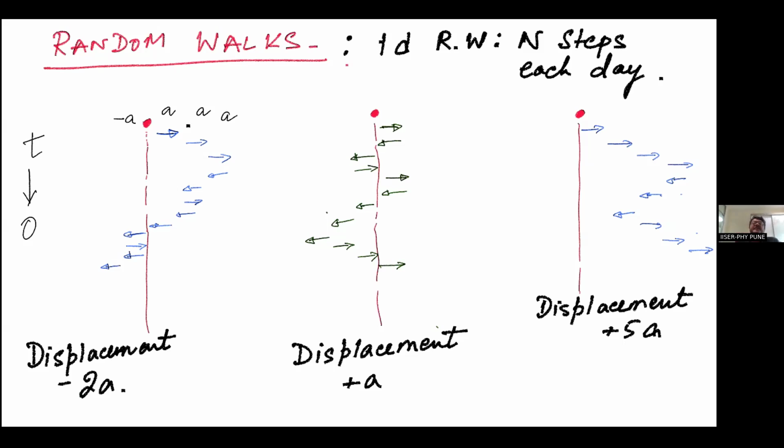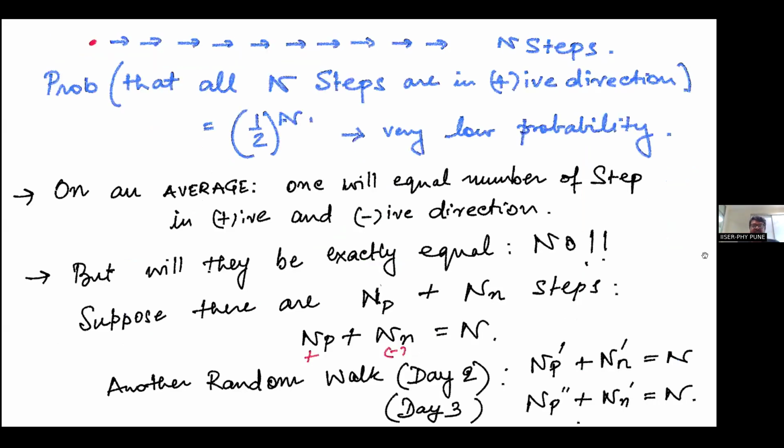So the point is, every day, suppose he takes n steps, fixed, but on each day he has a different amount of displacement, right? So the point to discuss is: if he takes n steps every day, on an average, where is he going to reach?